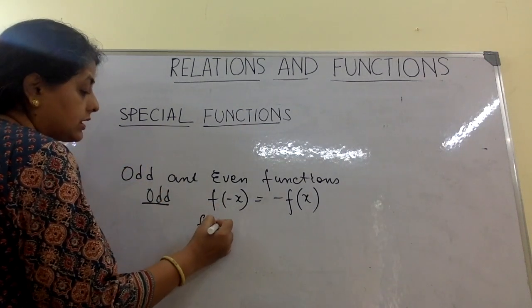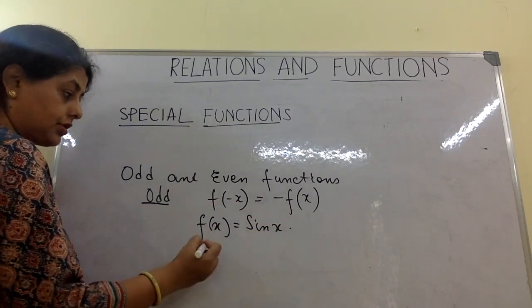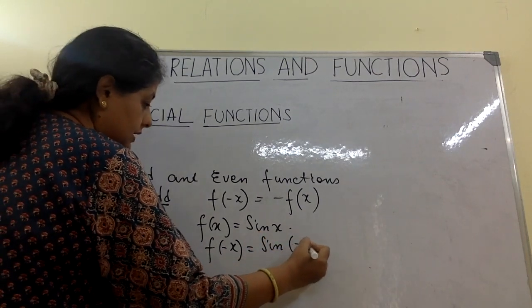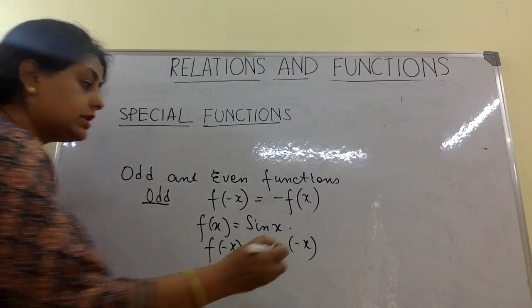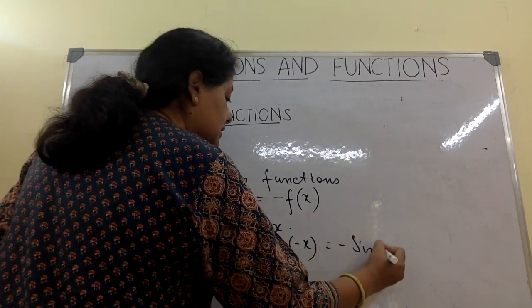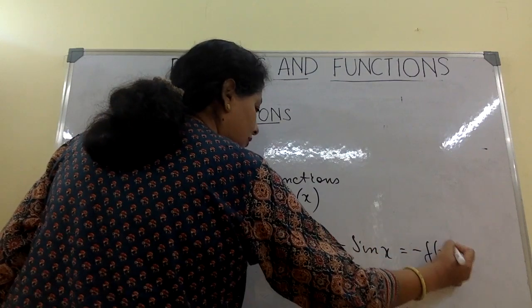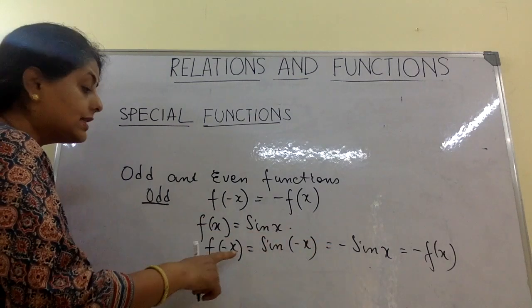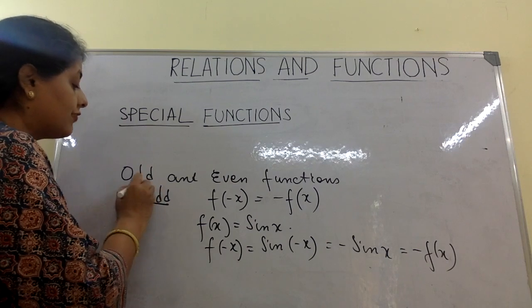If f(x) is equal to sin x, that is the function. Now f(-x) is sin(-x), which is equal to -sin x, which is equal to -f(x). So f(-x) is equal to -f(x), then this becomes an odd function.